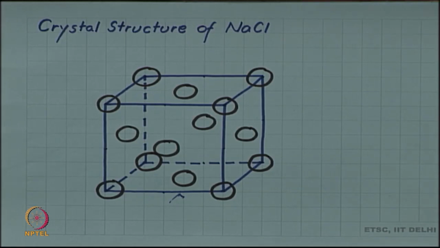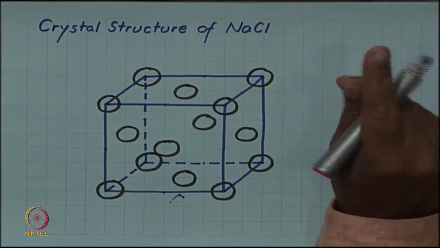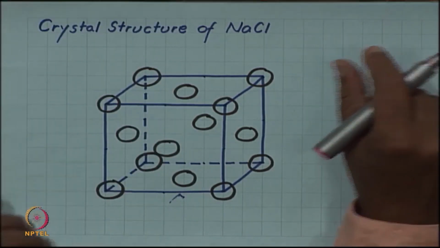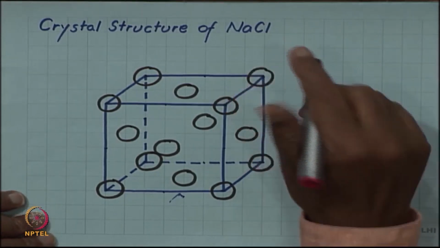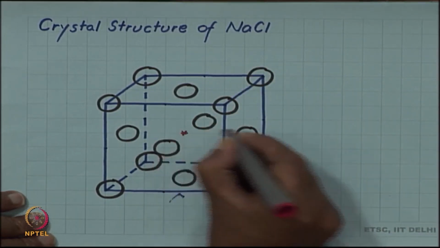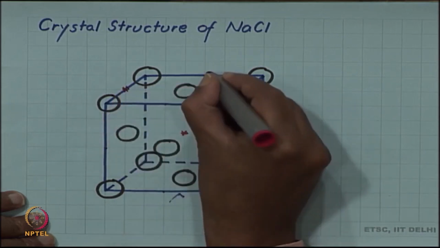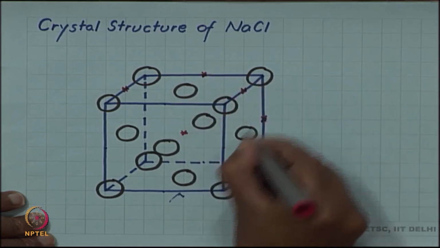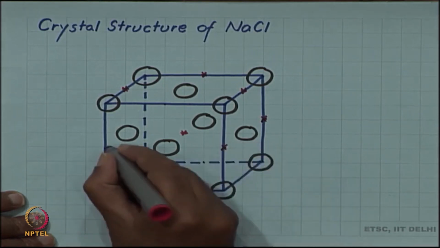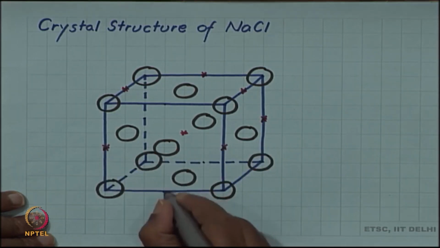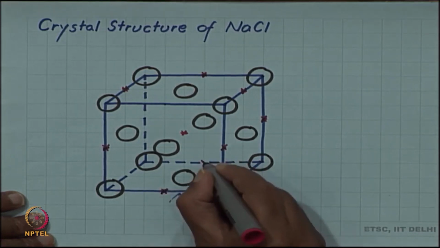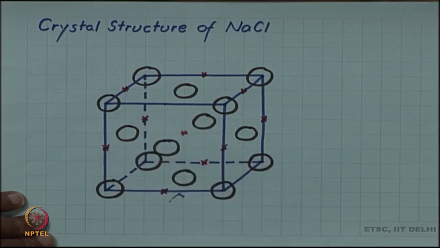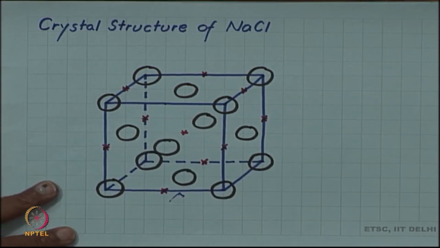The question is, where are the sodium ions? Now, since sodium is having an octahedral coordination, and you know that the octahedral sites for face centered cubic are in the cube center as well as on the edge centers. So, in fact, these are the locations where the sodium ion can sit having an octahedral coordination: midpoints of all edges and the center of the cube.